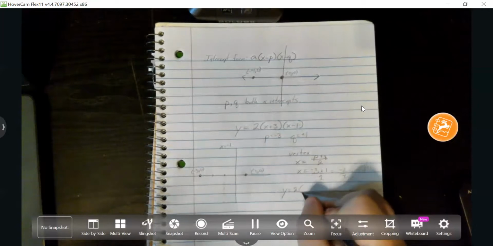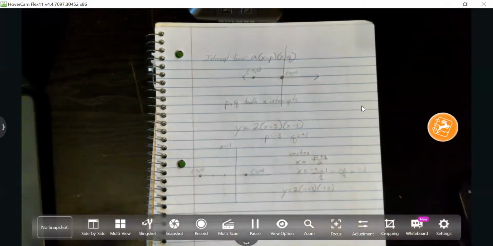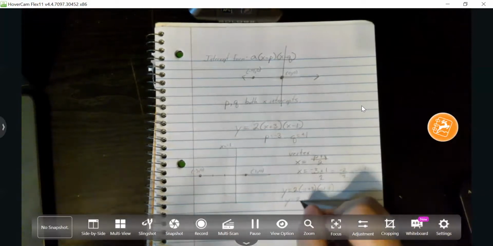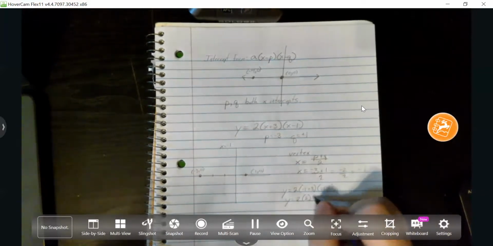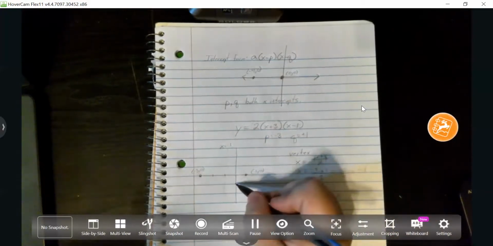So y equals 2 times (-1 plus 3) times (-1 minus 1). That gives me y equals 2 times 2 times -2, which is -8. So it'd be way down here: 1, 2, 3, 4, 5, 6, 7, 8. Our vertex would be way down here. I think I'm already off the camera here.